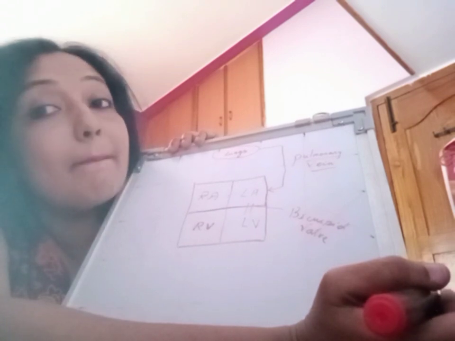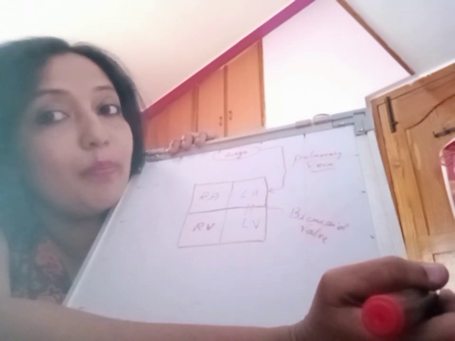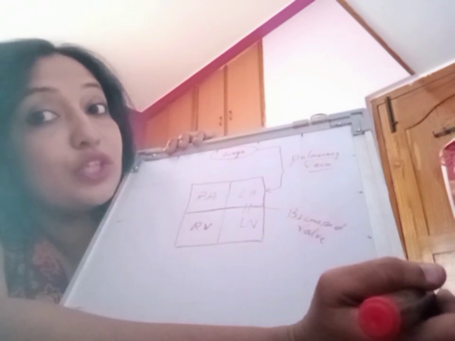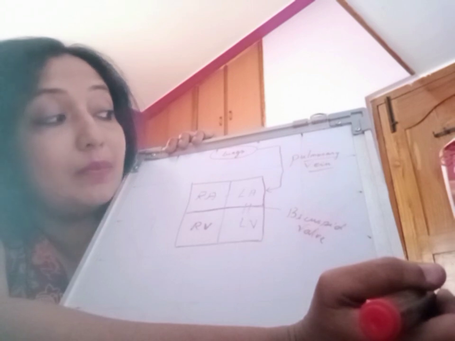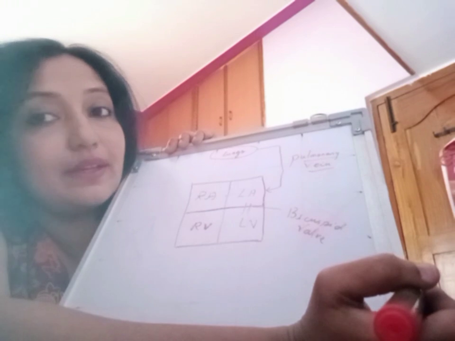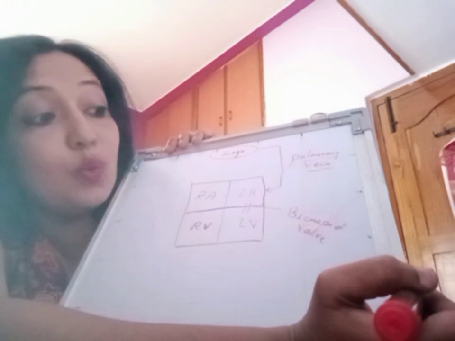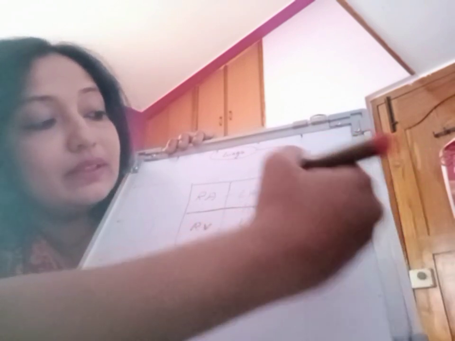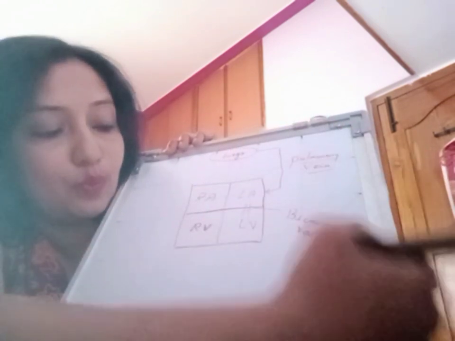You should say the bicuspid valve. Through the bicuspid valve, the oxygenated blood transported from the lungs through the pulmonary vein enters the left ventricle.